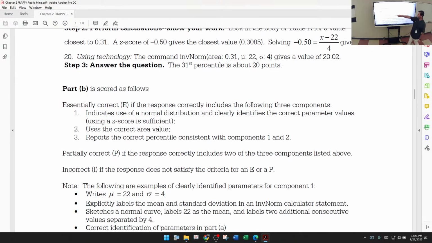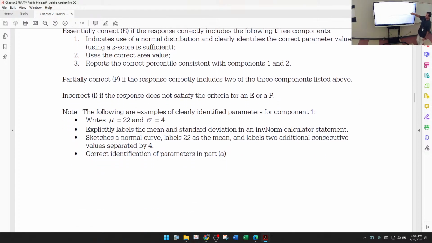Here's the E. Indicates use of a normal distribution, clearly identifies the correct parameters, using Z-score is sufficient. Does the correct area value, or uses and then reports the area, the correct percentile consistent with components 1 and 2. Partially correct if you only hit 2 of those 3. Again, writes mu equals 22, sigma equals 4.